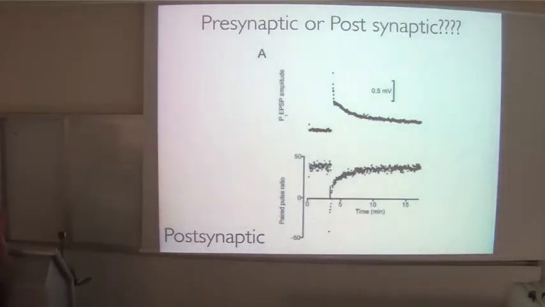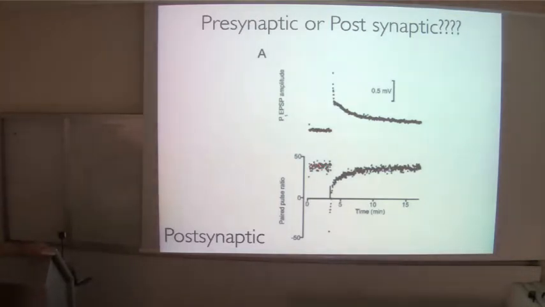If you give a pulse to the axon, and you get an EPSP, and then immediately after that you give another one, usually the second one is smaller than the first one. It depends on the type of the synapse. Sometimes it's smaller and sometimes it's higher, but there is a change in the probability of release of the axon depending on the history of whether there was a spike before or after. So people use that as an indication for changes in the presynaptic side.